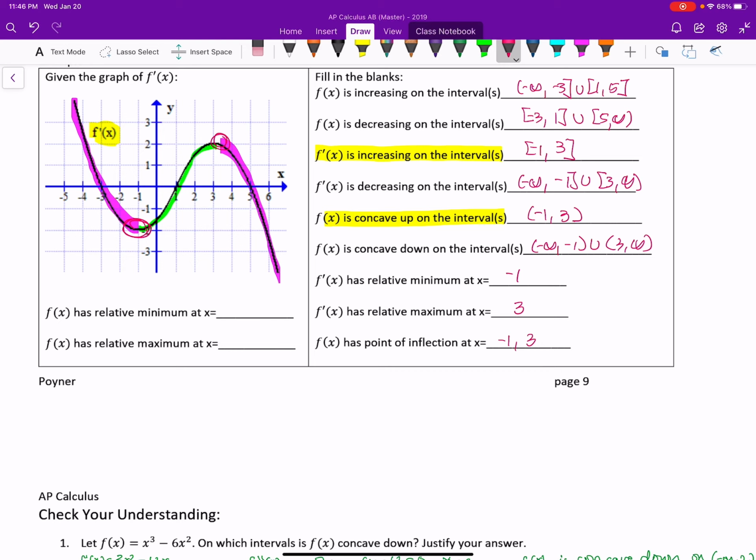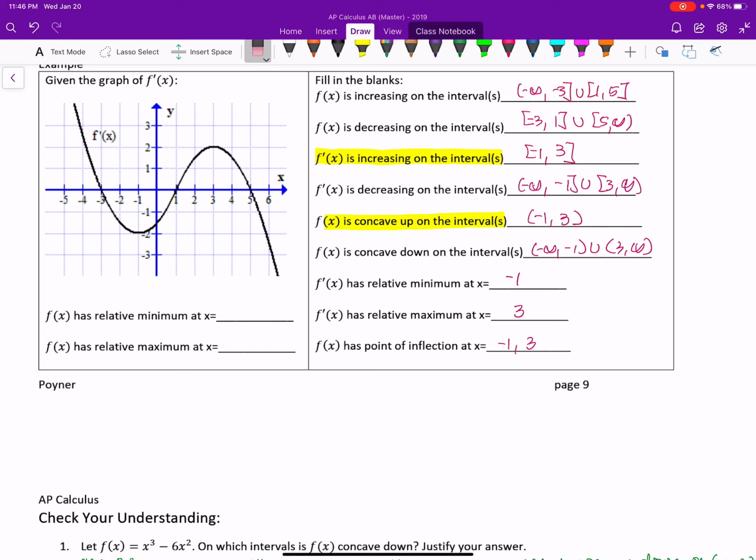Now, where's the relative extrema? If I'm looking at these two questions over here on the left, f of x has a relative minimum at x is equal to. That's where the derivative is equal to 0, because I'm asking for f of x now. So that will happen here, here, and here.